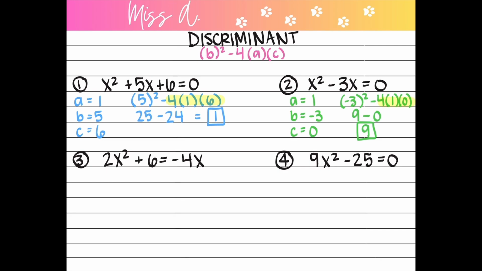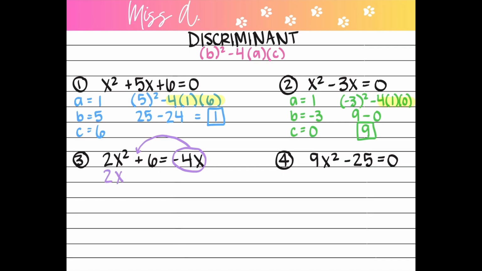All right, let's look down at number 3. Number 3 is a little bit different because it does not say equals 0 on the end like my last 2 problems did. So the first thing I need to do is take that minus 4x and move it to the other side. To switch something to the other side of the equal sign, I need to change it from positive to negative or negative to positive. So you'll see this 4x started as negative.